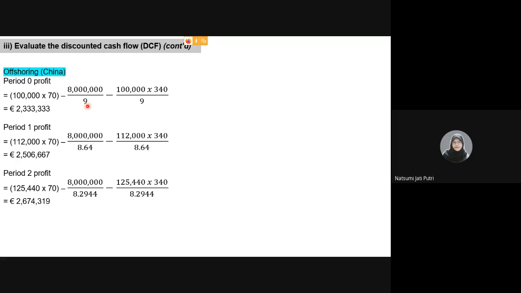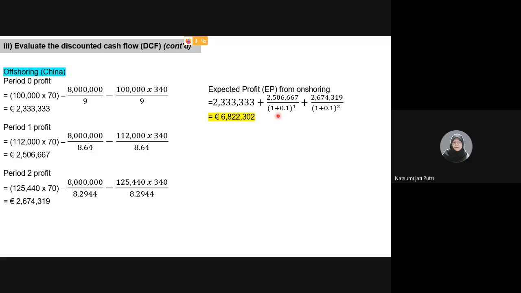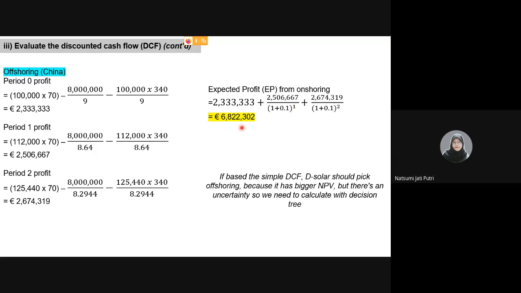Just compute the profit, but the difference is the fixed cost and the variable cost. And we get the expected profit of offshoring. Based on the simple discounted cash flow, the seller should pick offshoring because it has the bigger NPV. But in this problem there is an uncertainty, so we need to calculate with a decision tree.